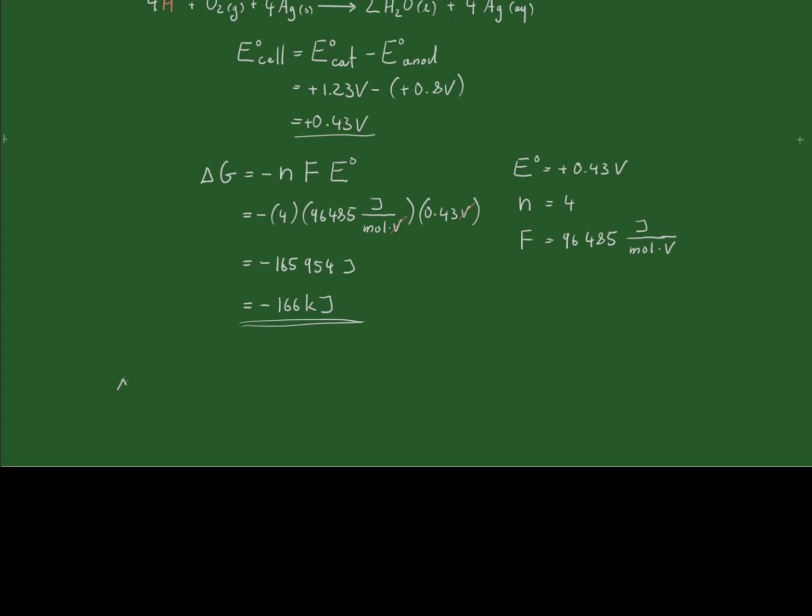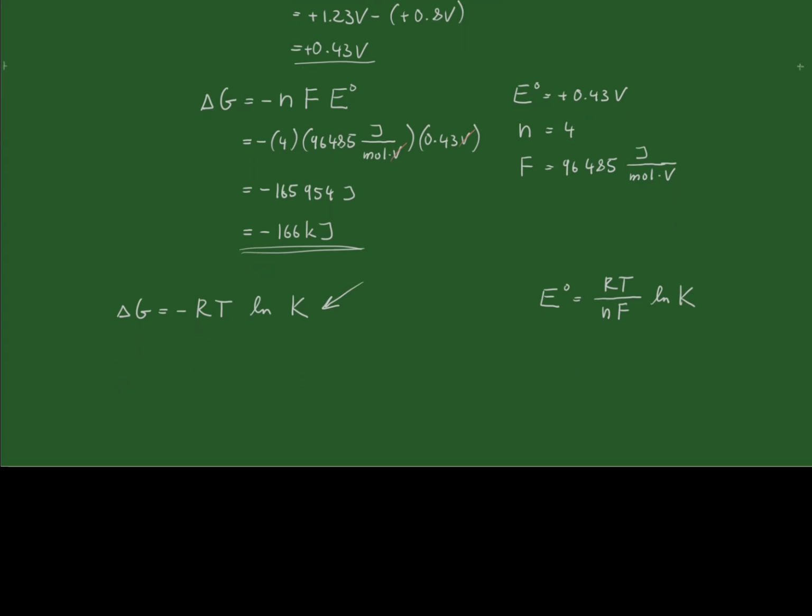So we can relate delta G to K. So delta G equals negative RT ln K, so we can use that formula, or we can relate E naught to K, and we can say E naught equals RT over NF ln K. So it is up to you to decide which one you want to use. I'm going to use this one because it looks simpler.